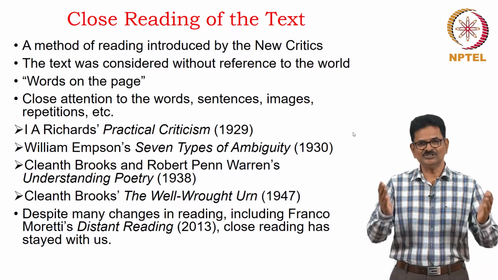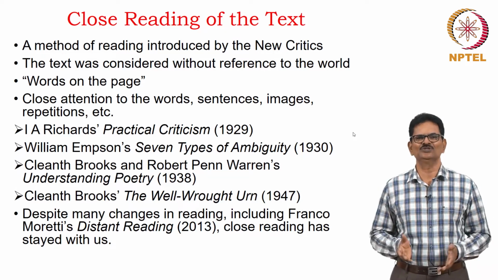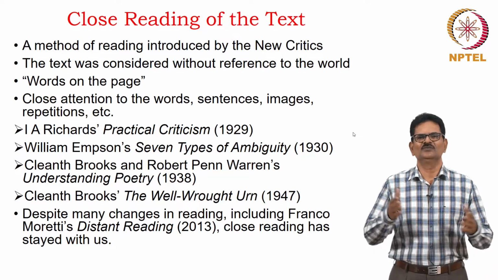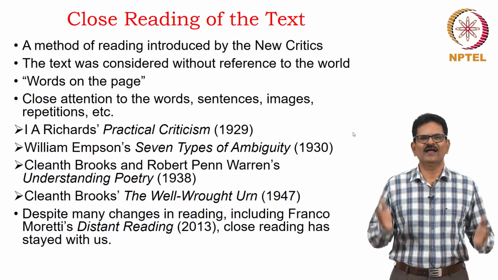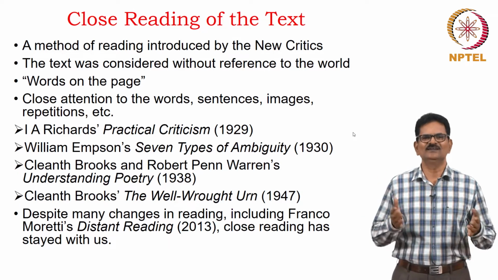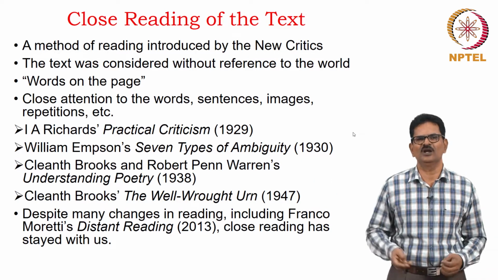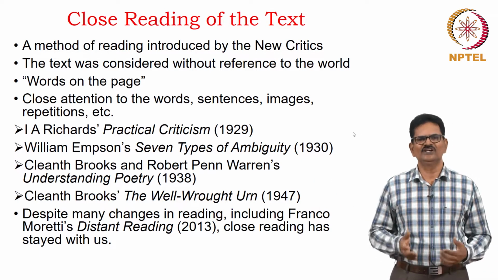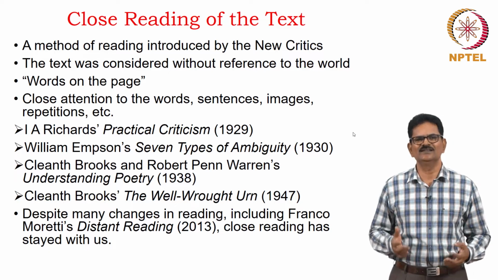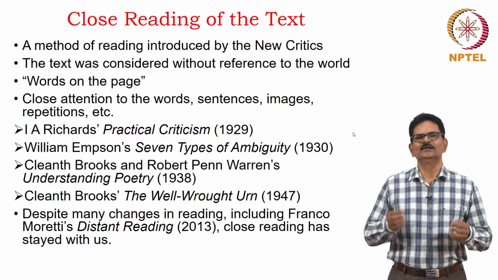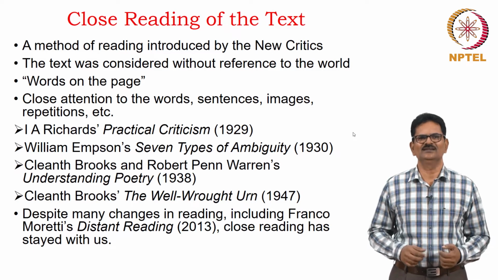In reaction to this close reading, we have a notion called distant reading by one critic called Franco Moretti. In spite of this distant reading, in spite of all other considerations like society, politics and everything, close reading has stayed with us, and it is considered to be one of the greatest tools for understanding literature.